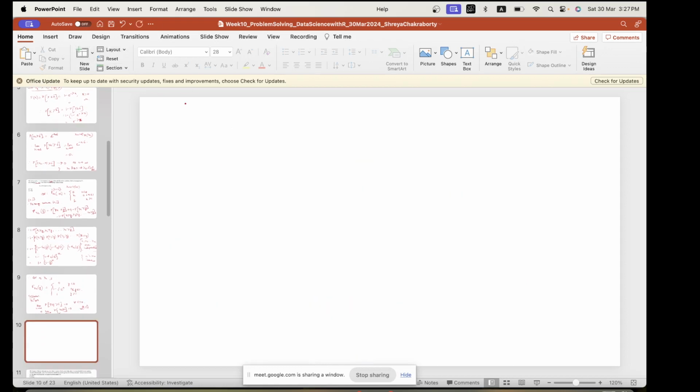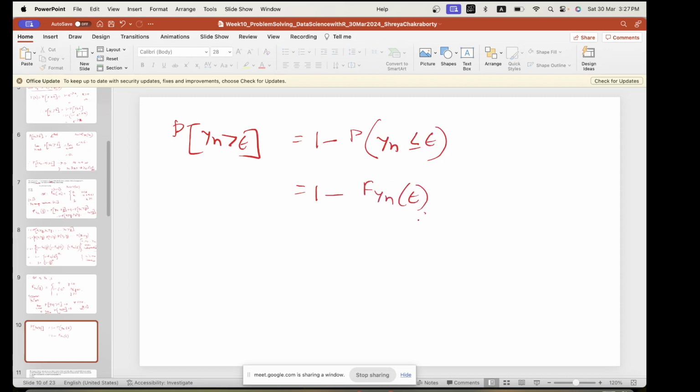Here the thing is, probability of yn greater than epsilon is equal to 1 minus probability of yn less than or equal to epsilon. Which means 1 minus F of yn at epsilon.